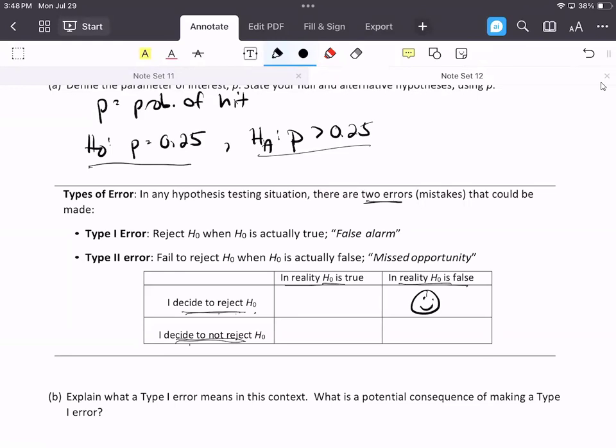If I decide to not reject the null and it's actually true, that's great. I didn't reject it and it's true. Fantastic. But if I decide to reject the null and in reality it is true, this is a type 1 error. If I decide to not reject the null, but in reality the null is false, this is a type 2 error.